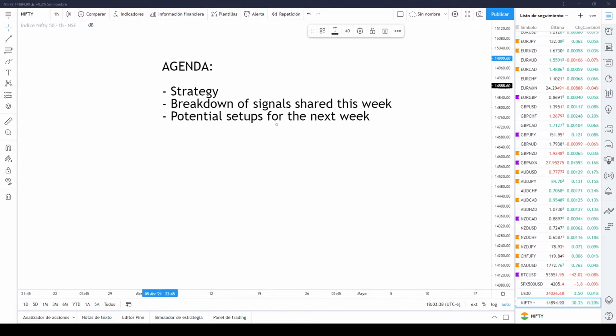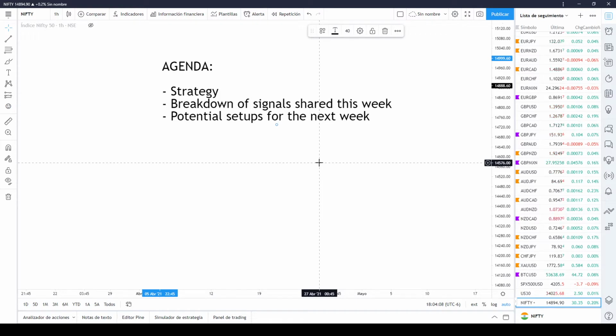We have different types of entries when using supply and demand. However, I only trade two types: I trade momentum trades, which basically means trend trading, and I trade realignment setups.